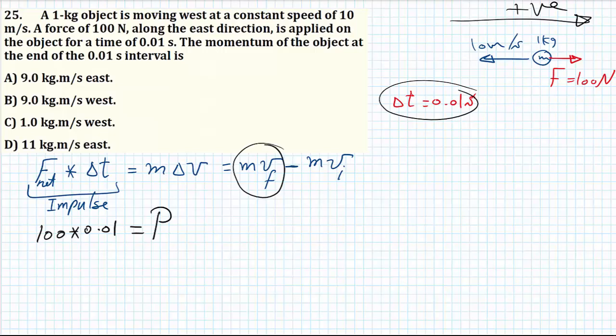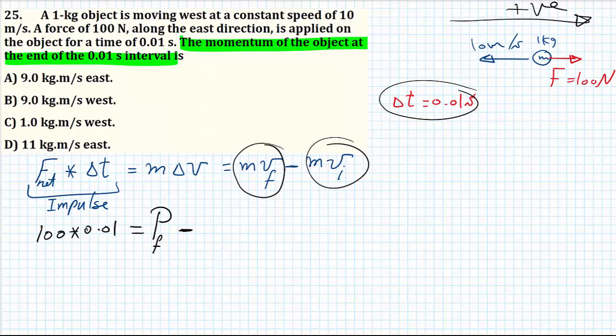I will call it P final, minus, and this is actually what he's asking about, find the momentum of the object at the end of the interval, minus the initial momentum, which is mass times velocity. The mass of the object is 1 kilogram, so it's 1 kilogram times the velocity of the object. He said that the velocity was 10 meter per second, but it's to the left. So the velocity is negative 10 meter per second. That means that's 10, and I will change this sign into positive.